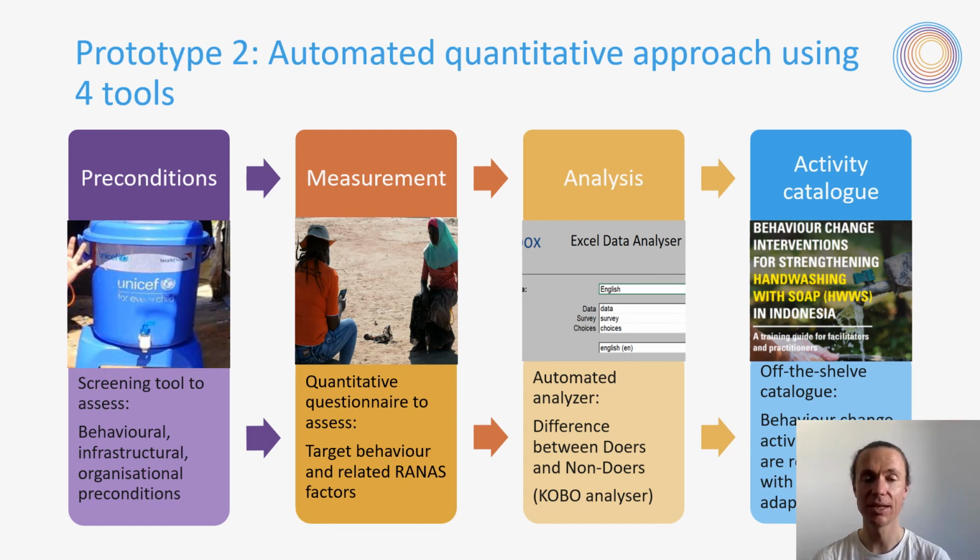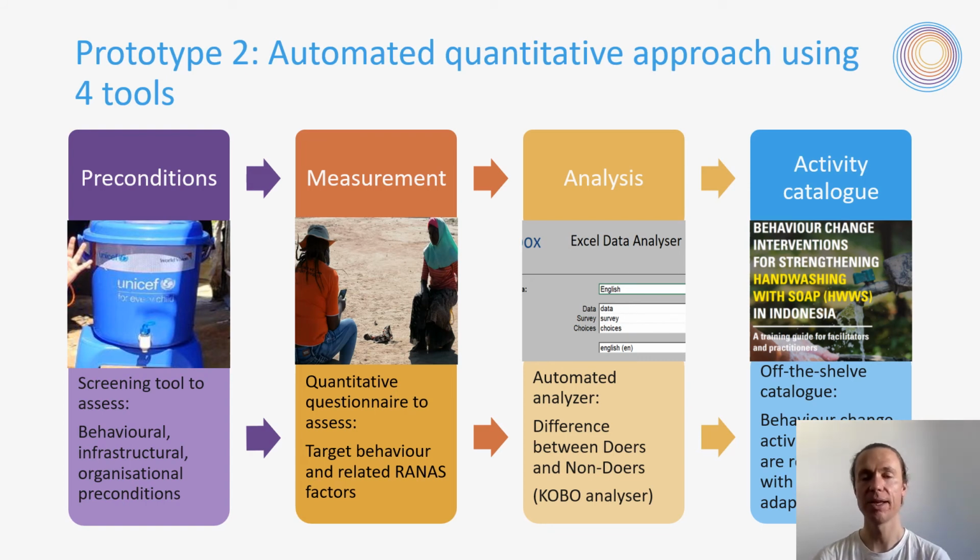If this shows that a handwashing or behavioral intervention would make sense, we move on into a measurement of the Ranas factors and of behavior through a ready-made questionnaire, which would then be automatically analyzed, for example, through a tool like the Kobo Toolbox Excel Data Analyzer or Power BI.